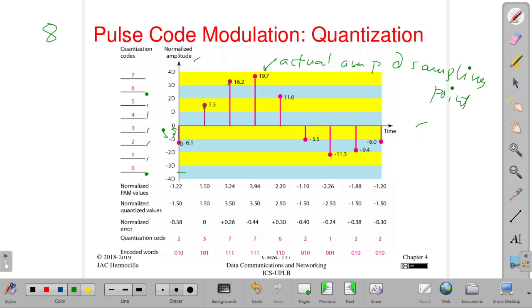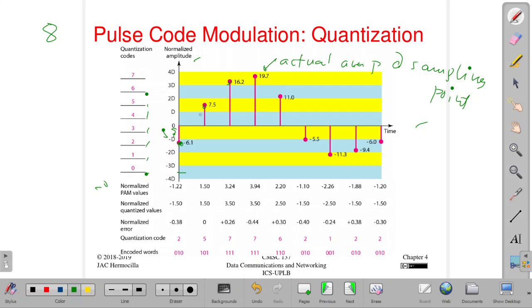Okay. So we have here the normalized PAM values. So this will be minus 1.22 here, okay. This will be 1.5.